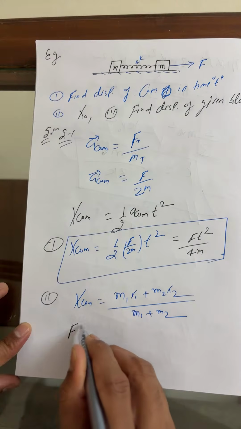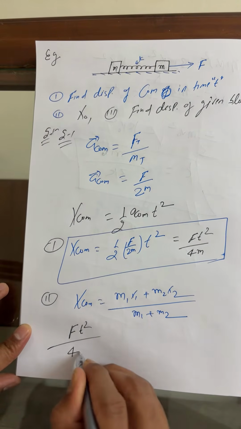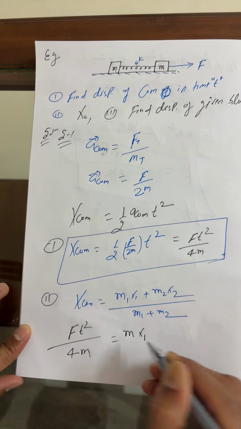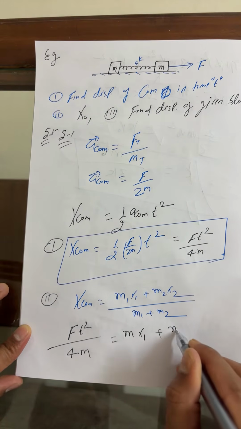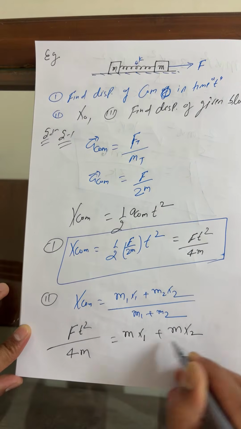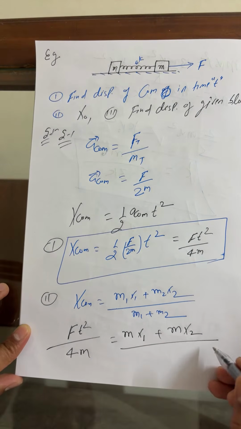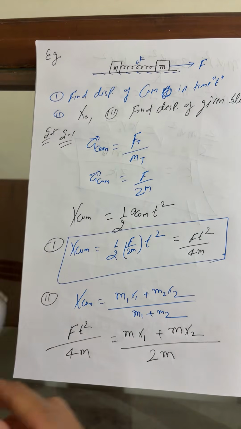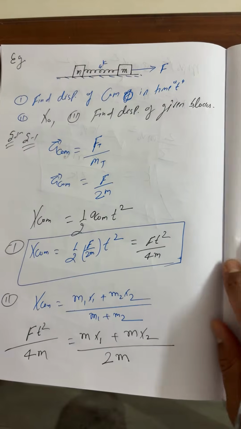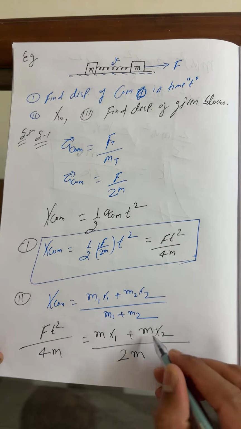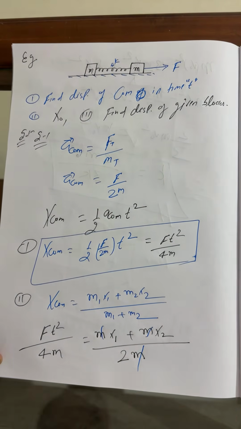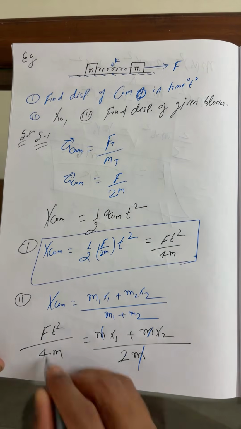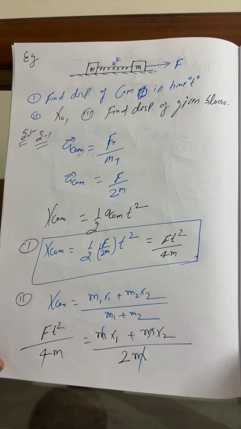So this is F t square upon 4m. m1 remains m, x1 I take as x1, plus m2 remains m, x2 I take as x2, upon 2m.